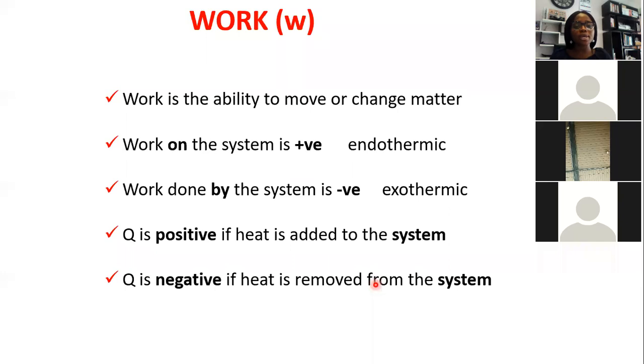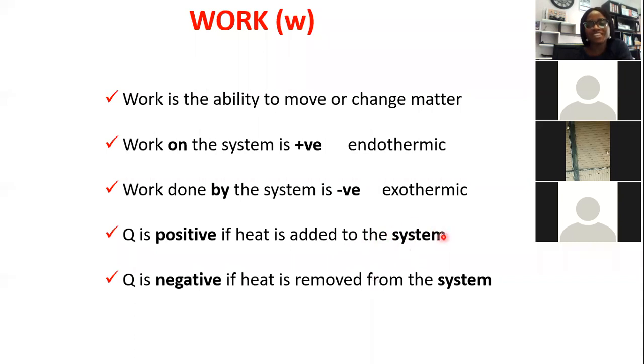So when Q is positive, it means that it is added to the system. Is it endothermic or exothermic? The fourth bullet here, when it is positive, we are saying that it is added to the system.